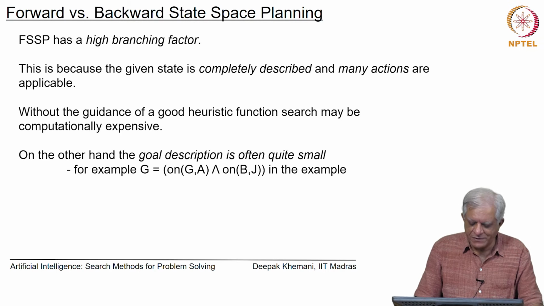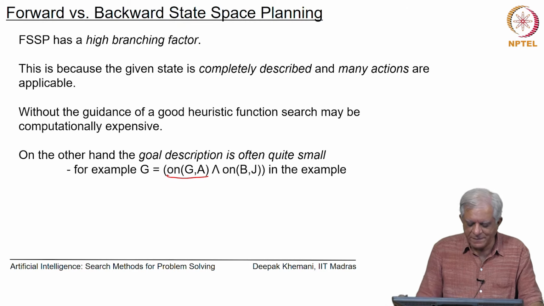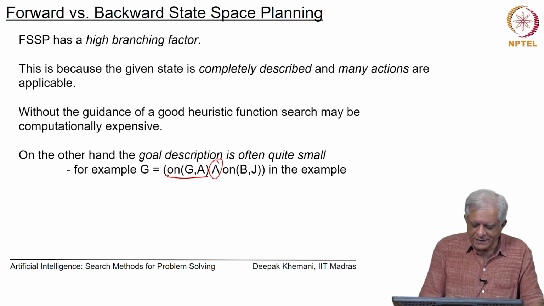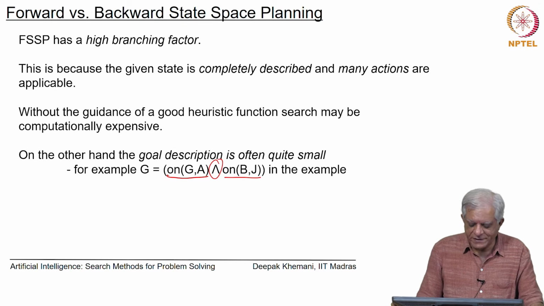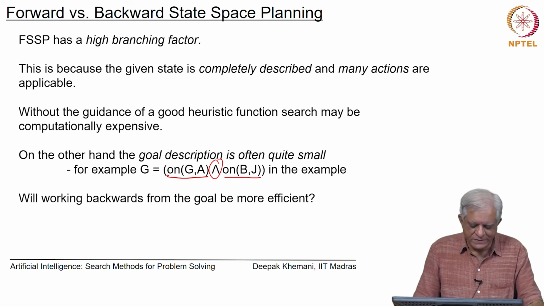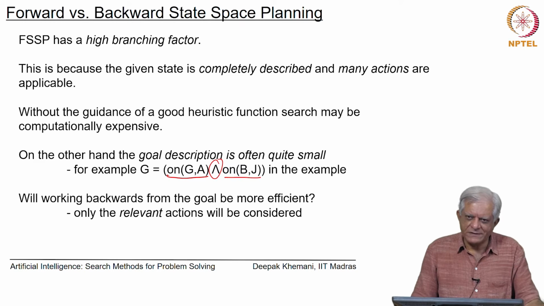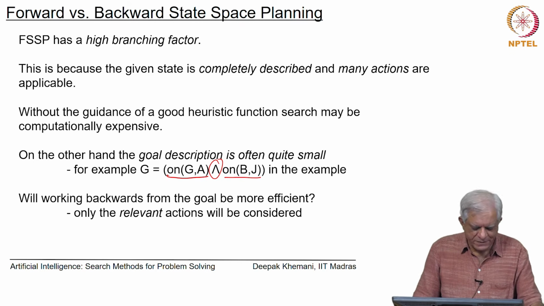We said that G must be on A, which is represented by on(G, A), and this is the AND sign, and B must be on J, and that is all we have said about the goal. So, if we start searching from the goal state, will our planner be more efficient? That is because the number of relevant actions that we want to consider may be small.